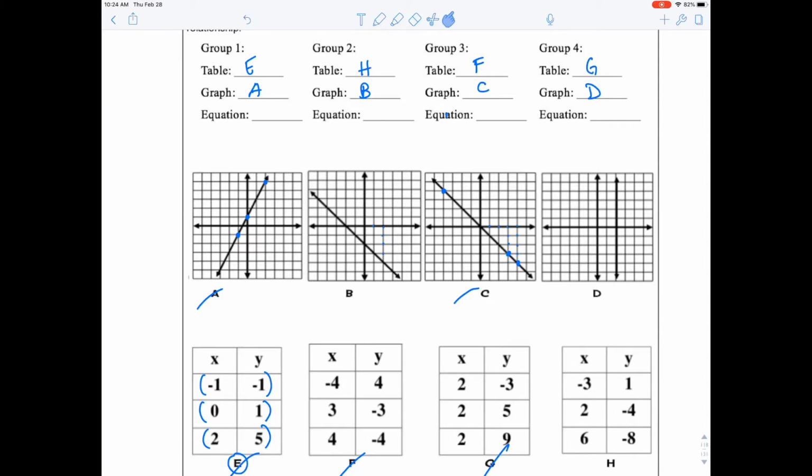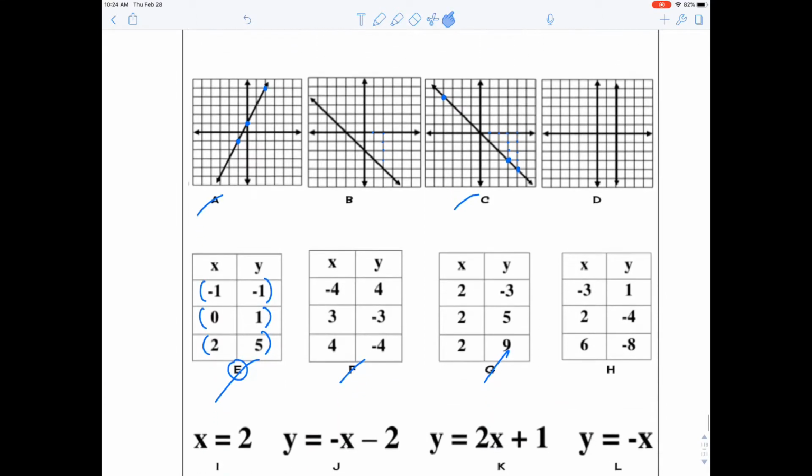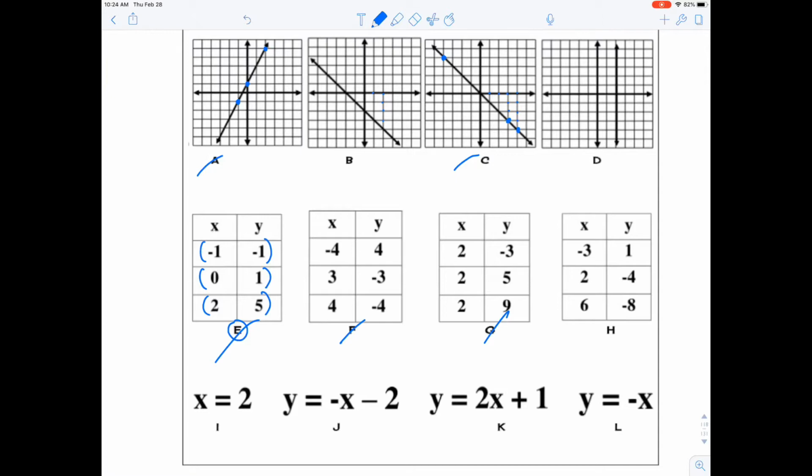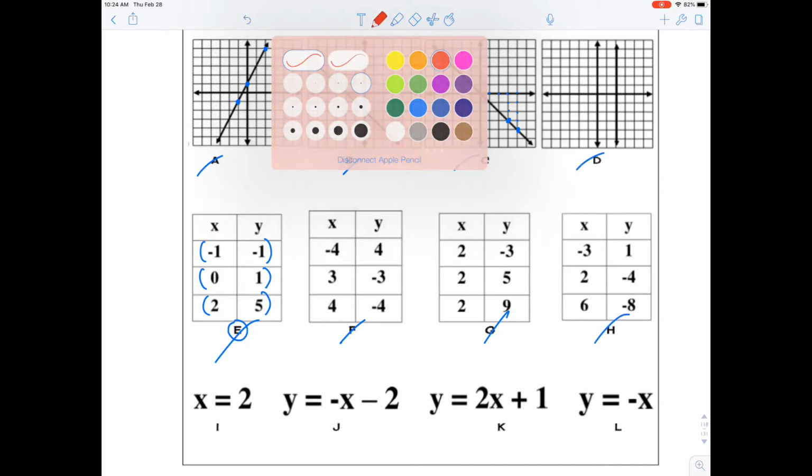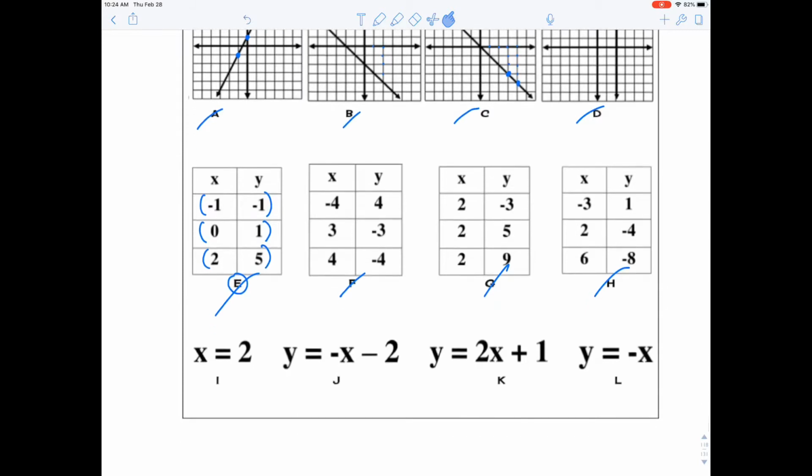Okay, excellent. Now let's match the equations here. I have all of my tables matched and all of my graphs matched. Now let's match some equations. I'm going to switch colors here. So x equals 2 is what I'm looking at. Do any of these tables have all of my x values equal to 2?